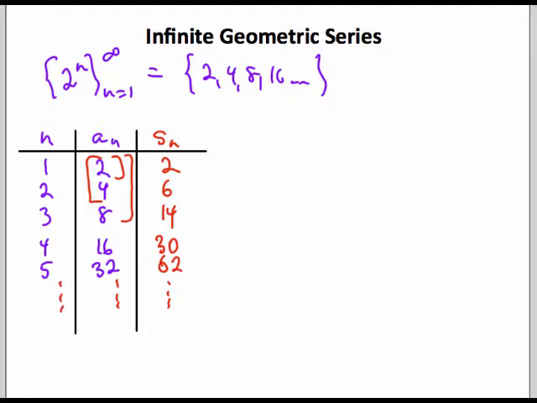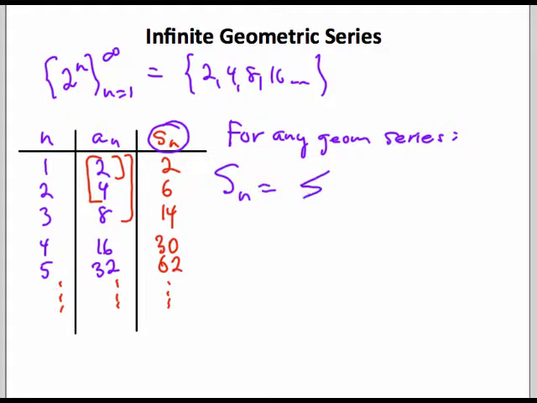Now just as a reminder, remember that we can calculate the sum of n terms for any geometric series. The sum of any geometric series is the sum of the terms of the sequence, which are of that form. And the formula for that we've studied in the past is this.